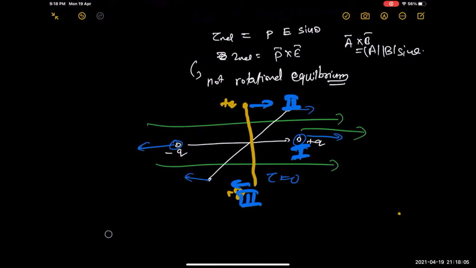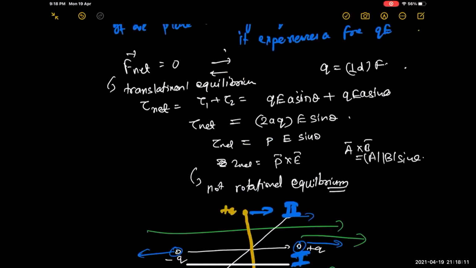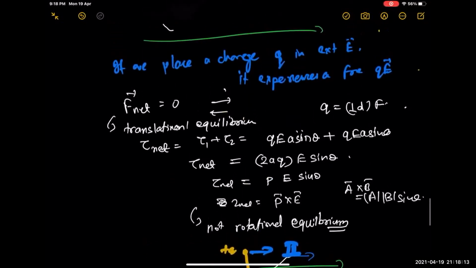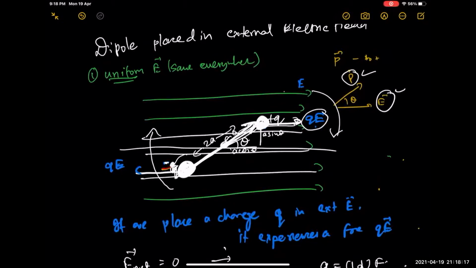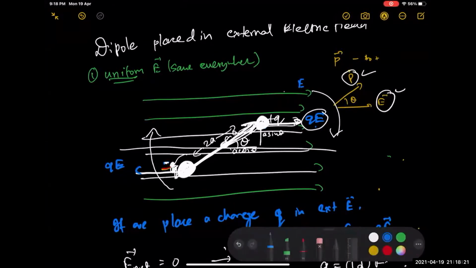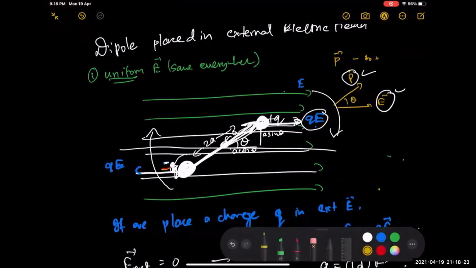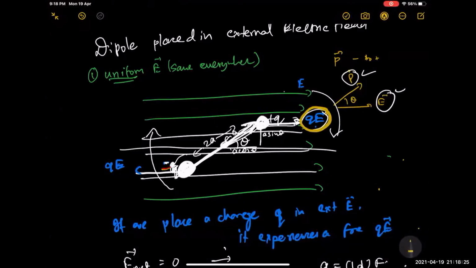Okay, there is one more thing I want to discuss. If the electric field is not uniform, it is not the same everywhere, then it is very obvious that these forces will not be equal, right?